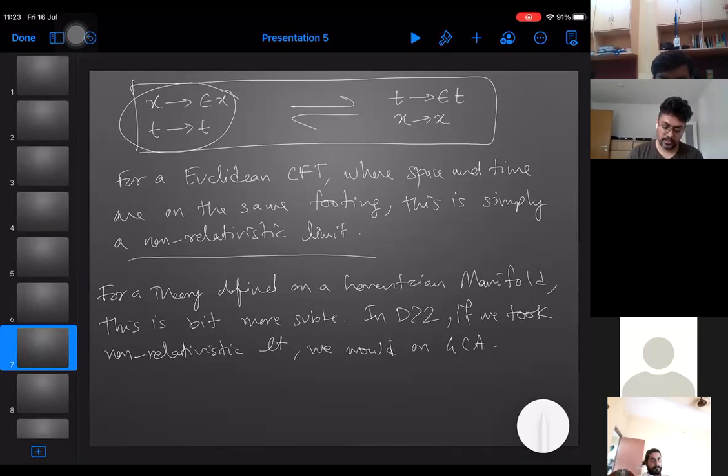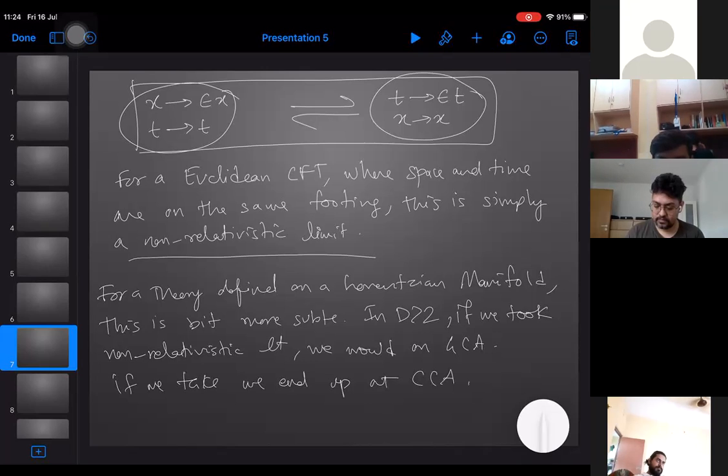But if we take this one, in higher dimension we end up at CCA, for D greater than 2. Here also D greater than 2. So let us talk about that for now.